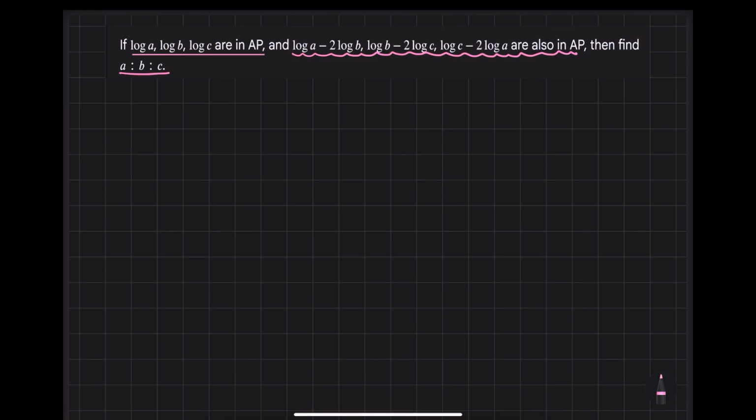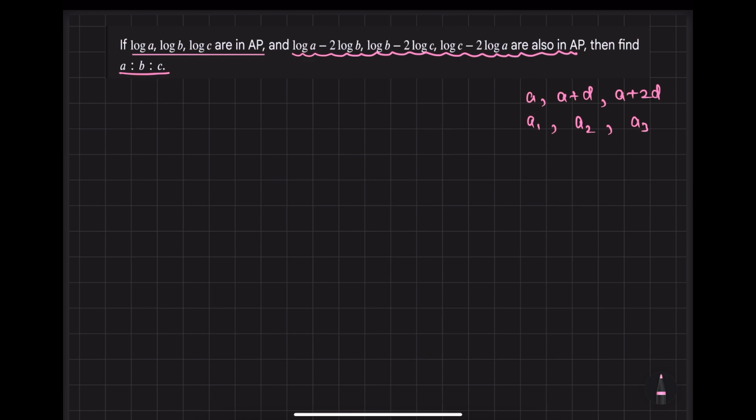So, suppose three terms are in AP. What does this mean? This means suppose it is A, it is A plus D, it is A plus 2D. Let's say this is A1, this is A2, this is A3. So if three things are in AP, can we say that the common difference will remain the same?